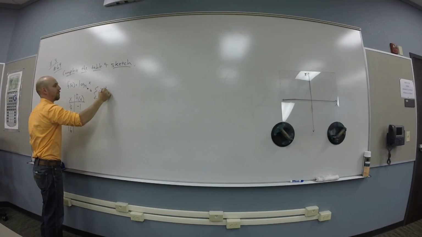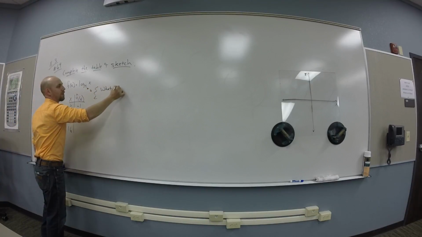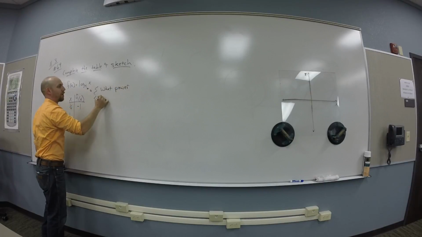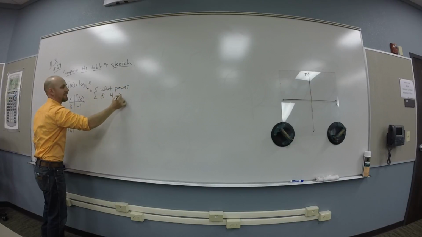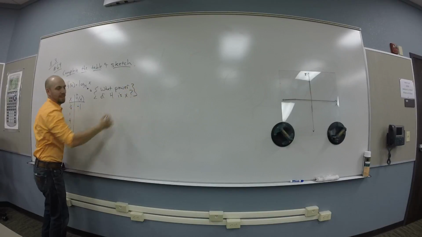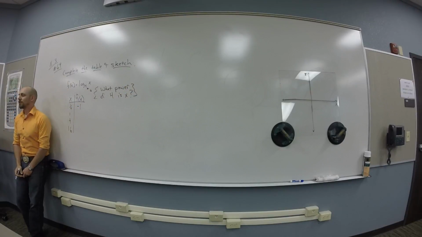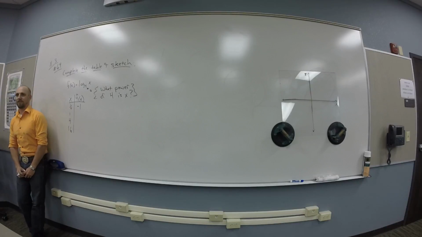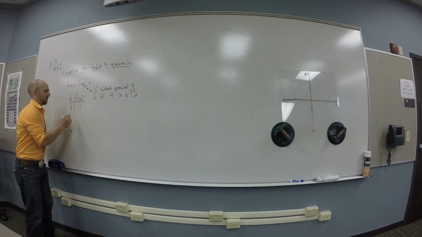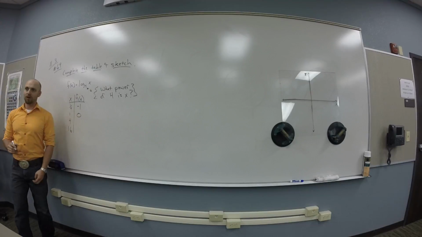So this thing asks, what power of 4 is x? So what power of 4 is a quarter? -1. What power of 4 is 1? 0. You guys all with that?